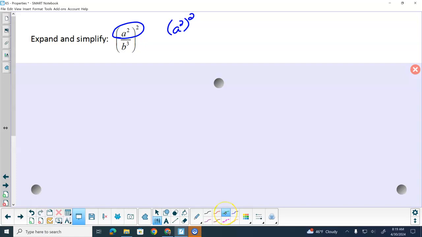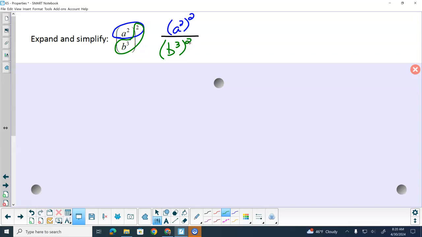Then this exponent is going to take control of the bottom because it's controlling that entire fraction. So it's controlling the top and it's controlling the bottom. So then the bottom would be b cubed squared. All right? With me? So now we can expand the top.